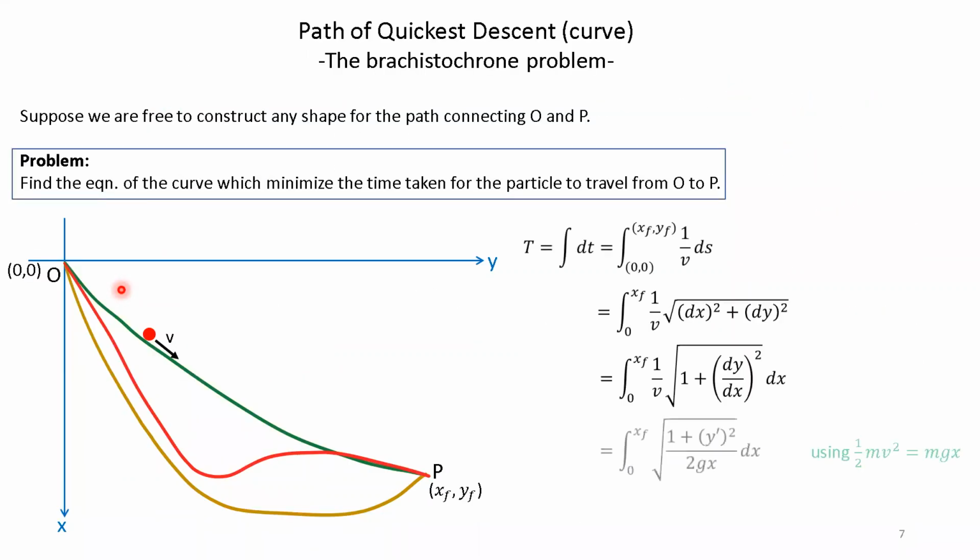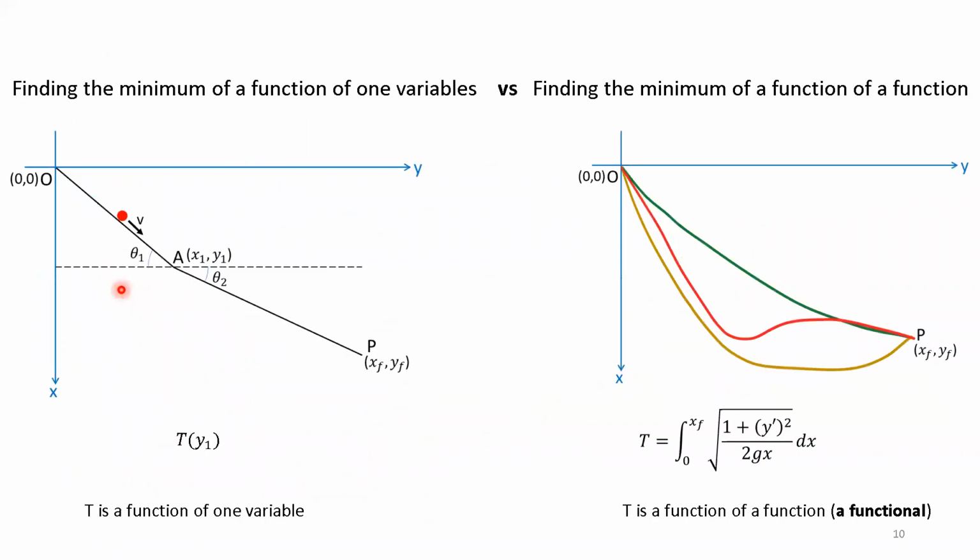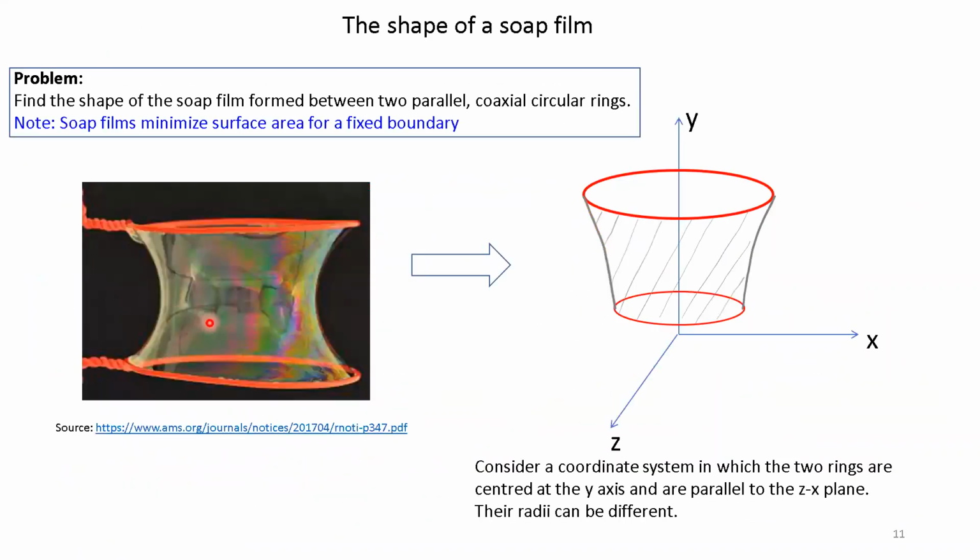And the second problem that I introduced, but didn't solve last time, is the so-called soap film problem. I have two circular rings, and a soap film formed between the two rings, and I want to find the shape of the film such that the surface area of this soap film is minimized.